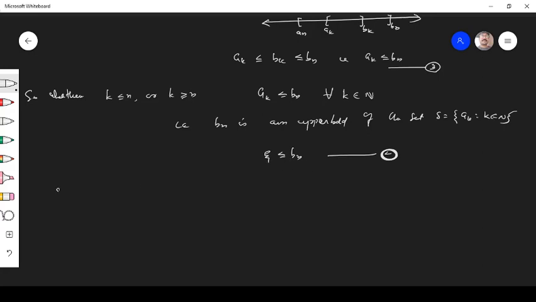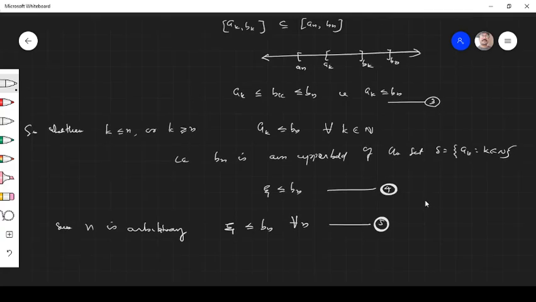Since N is arbitrary, we have the result that psi is less than or equal to Bn for all N. This is result 5.